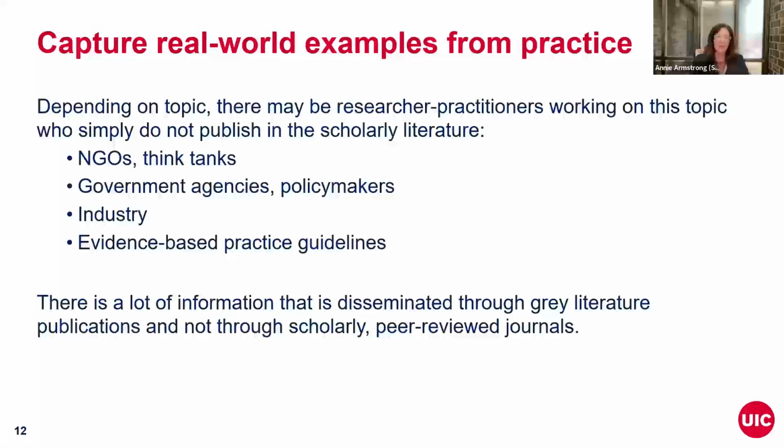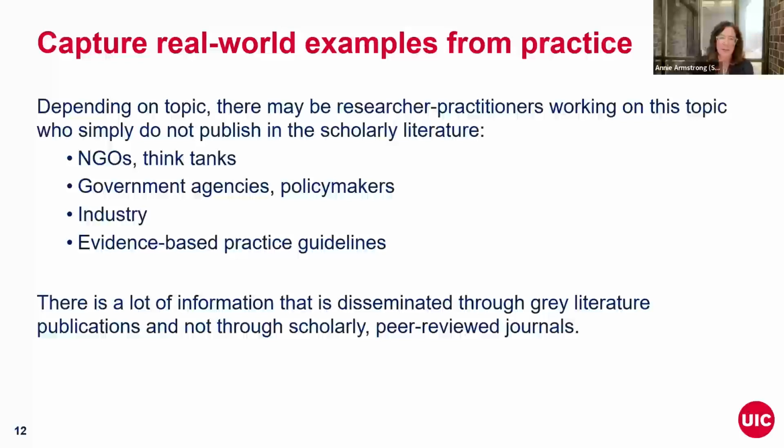Okay. And I touched on this in the example from the school lunch article, but depending on what your focus is, you'll want to take some time to discuss with your research team who would be most likely to produce the gray literature related to your research area.